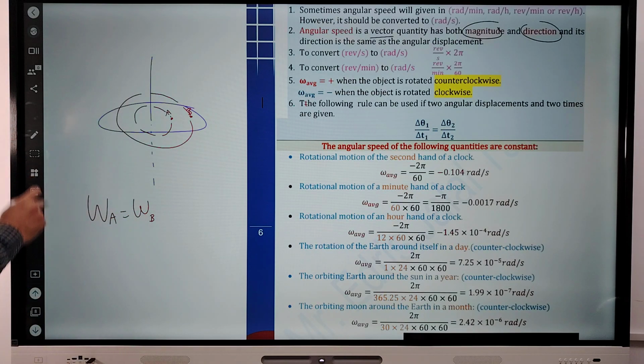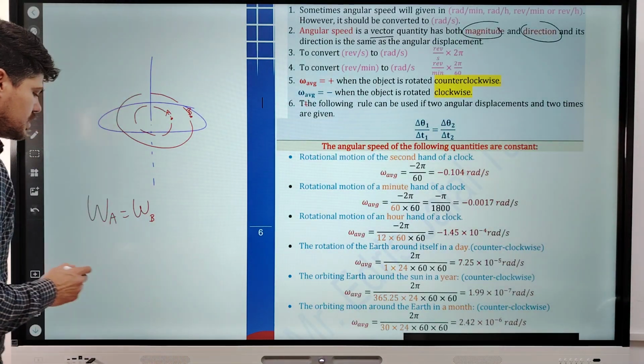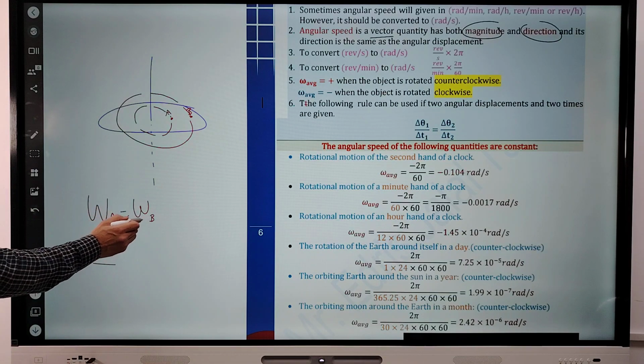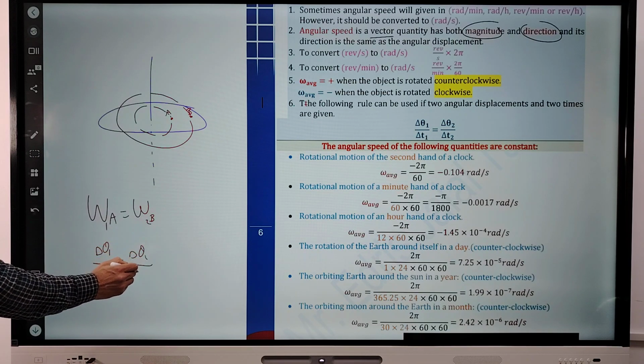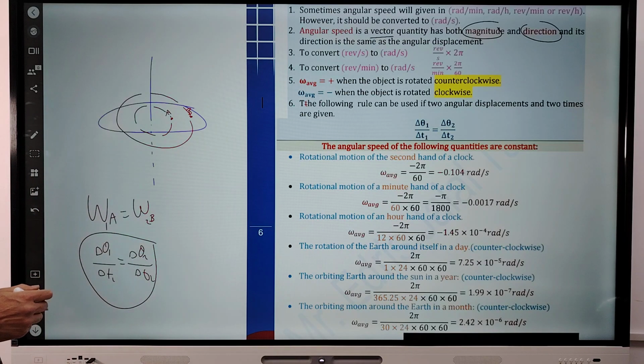So that is why, in the case when two angular displacements or two times are given in the question, you can use this relation: omega 1 equals theta 1 over t1, omega 2 equals theta 2 over t2.